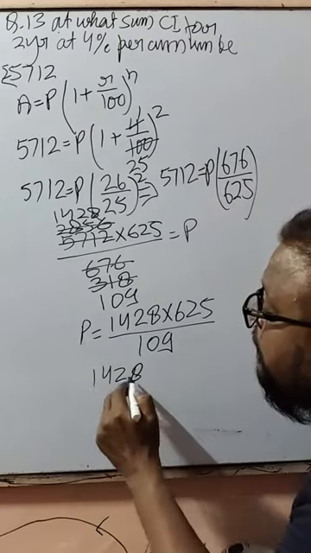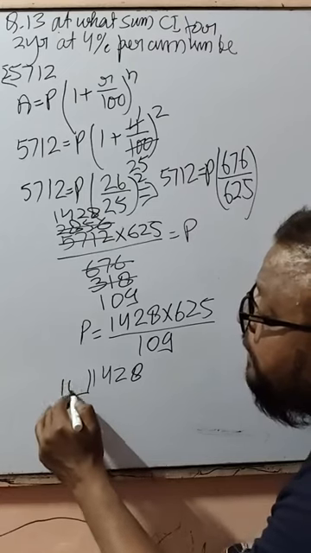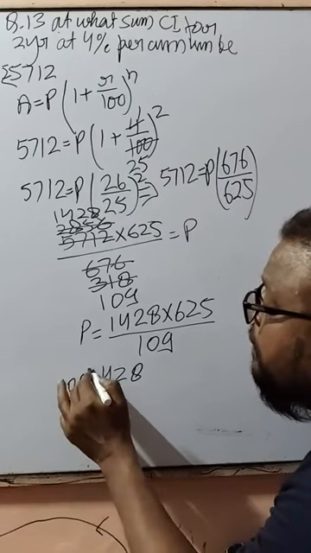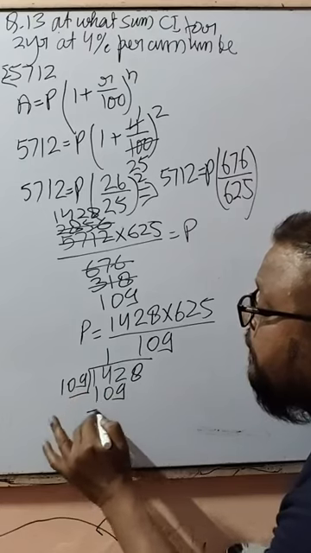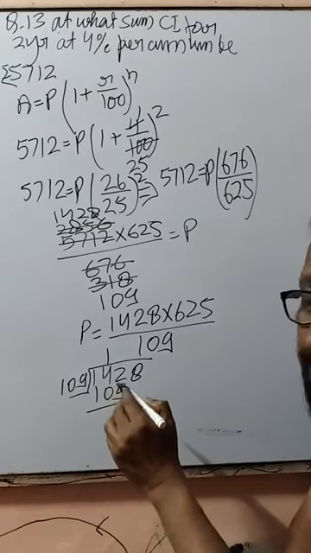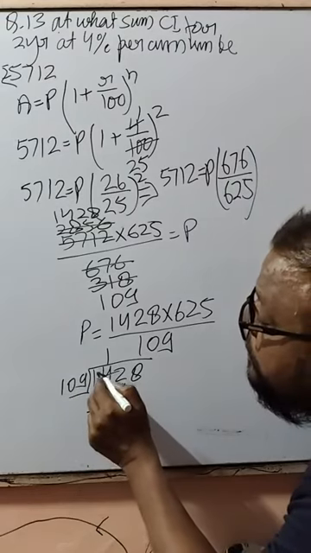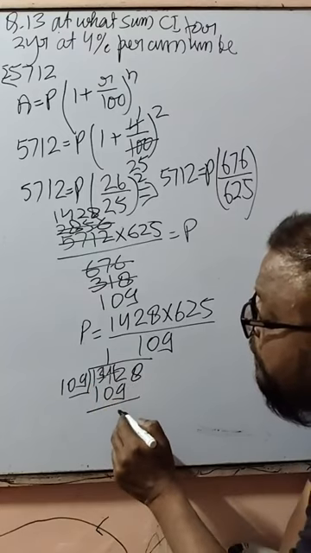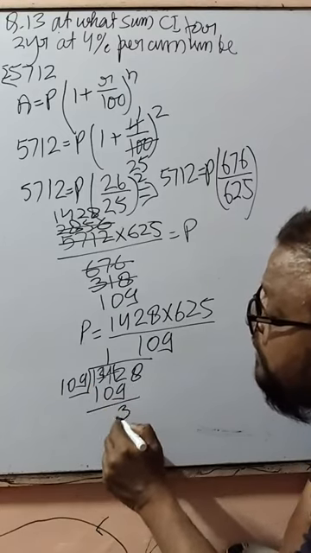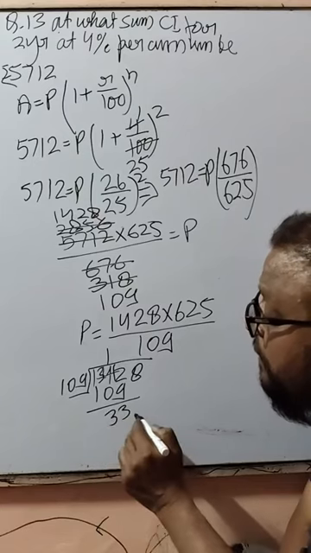Now 1428 divided by 109, it becomes 312. 12 minus 9 becomes 3.